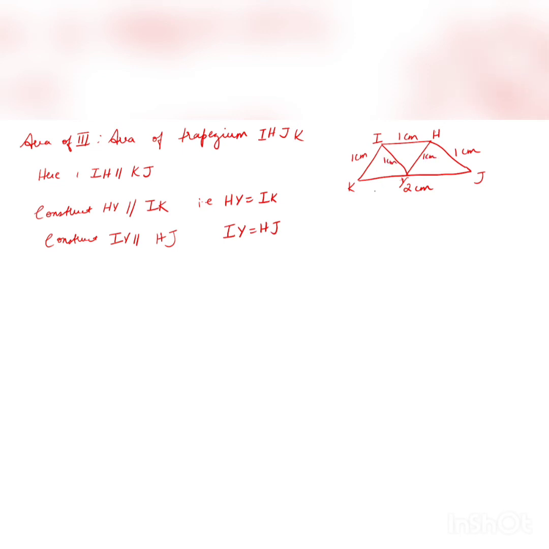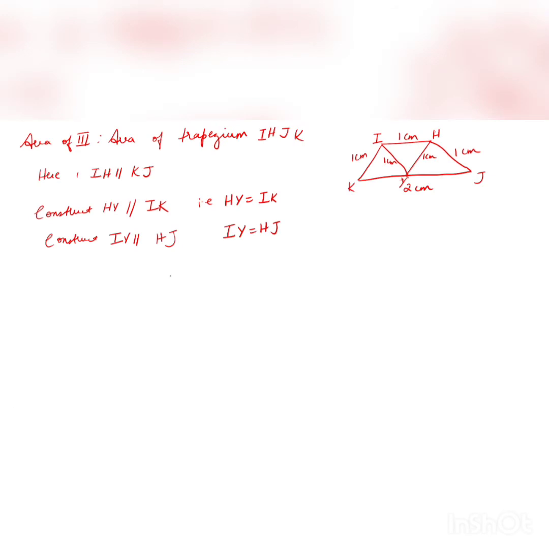Clear? Now see this line. What happened to this line? This will also be divided. So KY will be 1 centimeter. Therefore KJ, how do you find KJ? You find it out by KY plus YJ. Clear with this?